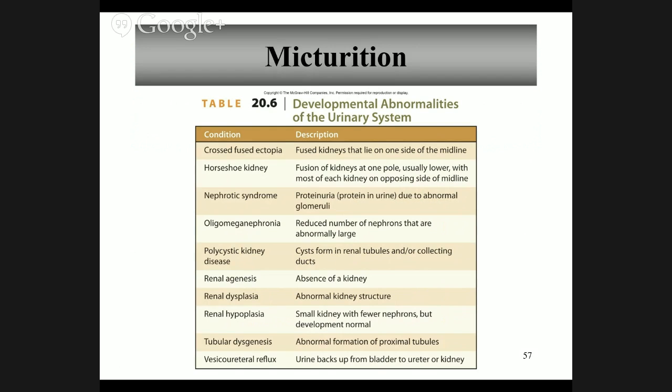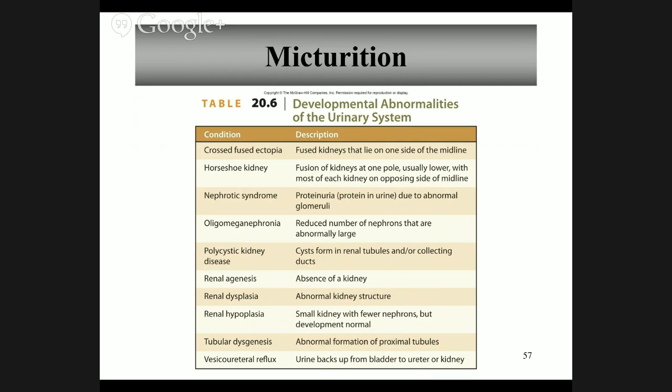There's cross-fused ectopia, fused kidneys that lie on one side of the midline, horseshoe kidney, nephrotic syndrome, protein in urine due to abnormal glomeruli, oligomeganephronia, which is a reduced number of nephrons that are abnormally large, polycystic kidney disease, where cysts form in the renal tubules and/or the collecting ducts, and renal agenesis, renal dysplasia, renal hypoplasia.